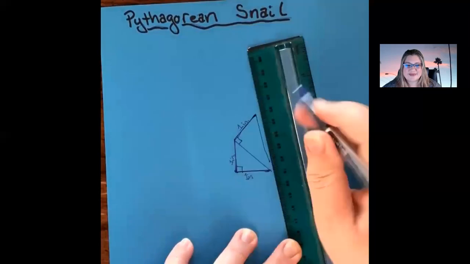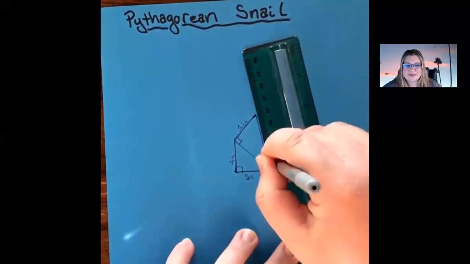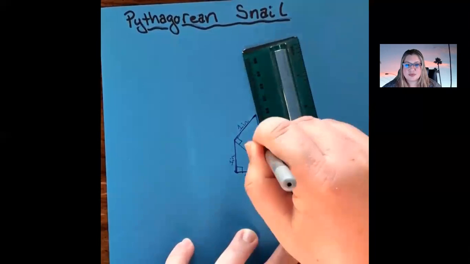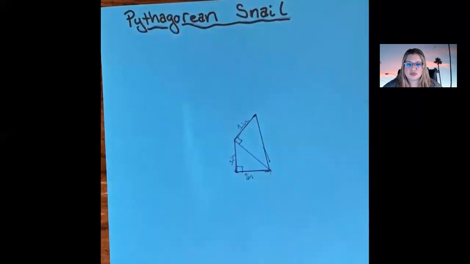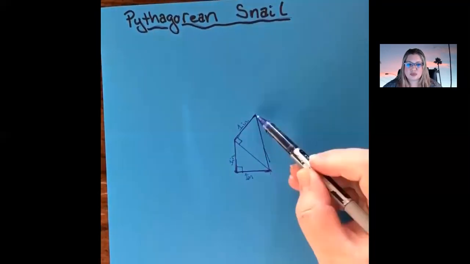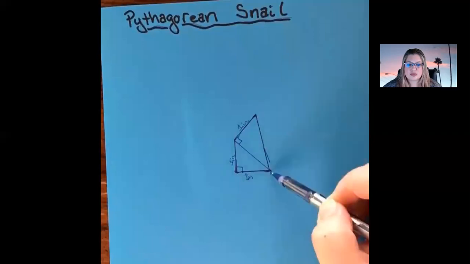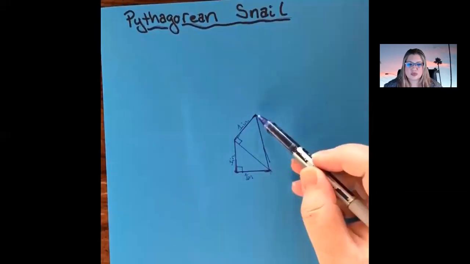Oops, my ruler moved a little bit. Sometimes that'll happen. Okay, so now I have 2. Now I'm going to again continue working outward and draw another 1 inch using this as my second leg.